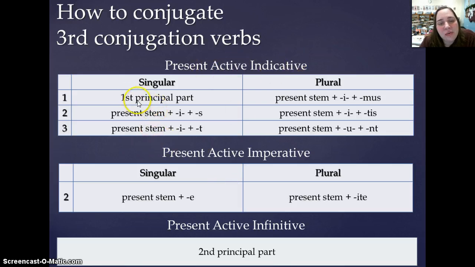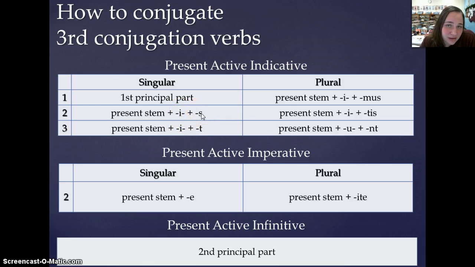Present active indicative: you need the first principal part for the first person singular present active indicative, like always. After that, you get your present stem, but because your present stem ends in a consonant, you need to add the vowel. The present vowel is I plus the personal ending.